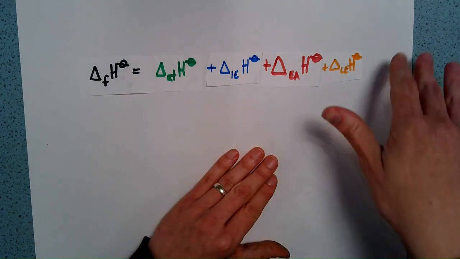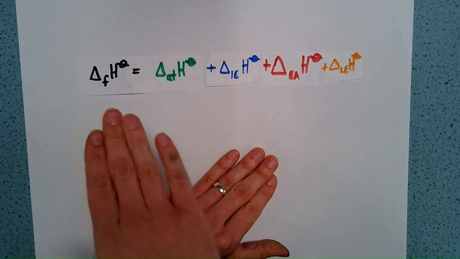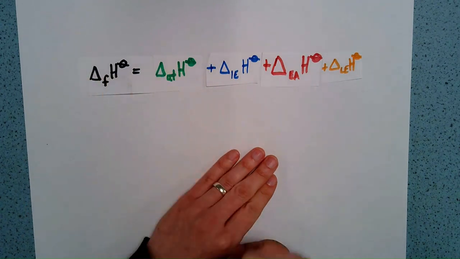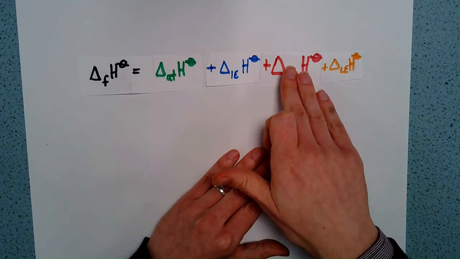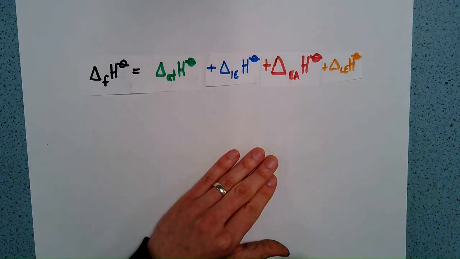And then we can take this equation and substitute values that we know for this, this, this, and this, rearrange it, and we'll end up with lattice enthalpy.